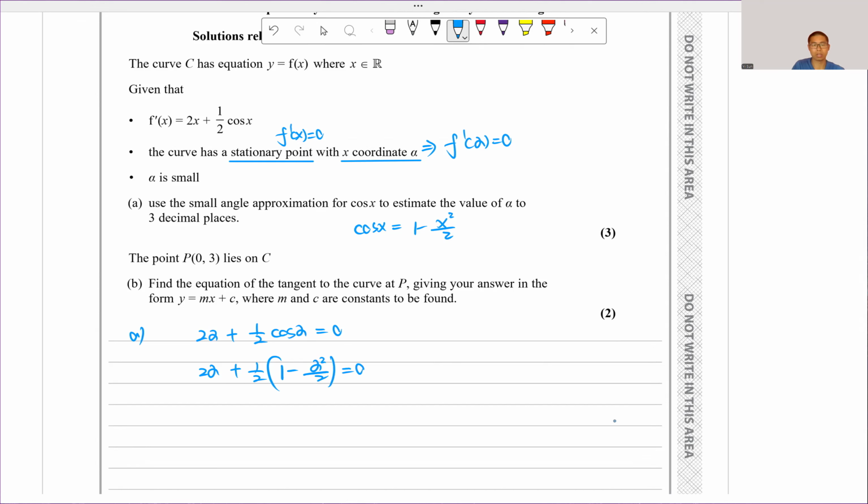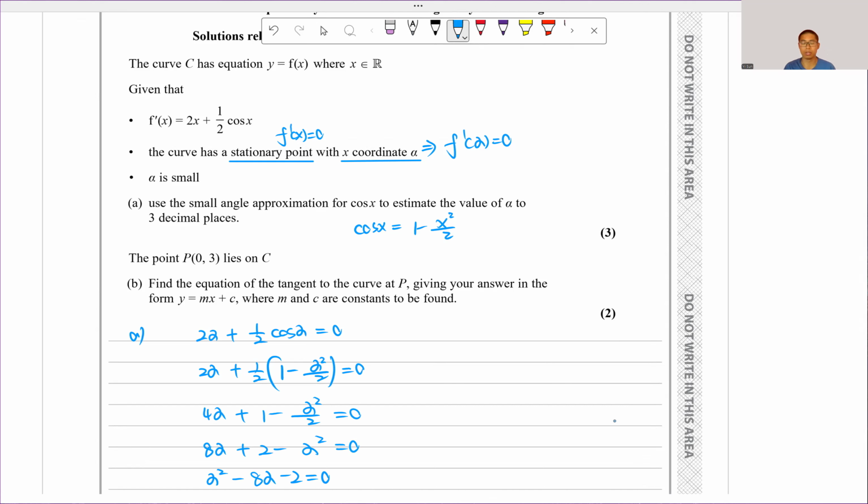So get rid of the fraction. We have 4 alpha plus 1 minus alpha squared over 2 equal to 0. And then times by 2, so 8 alpha plus 2 minus alpha squared equal to 0. So we have alpha squared minus 8 alpha minus 2 equal to 0.